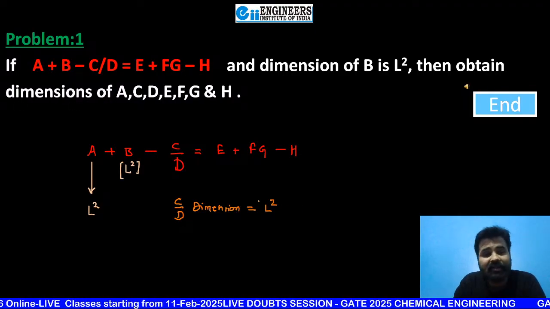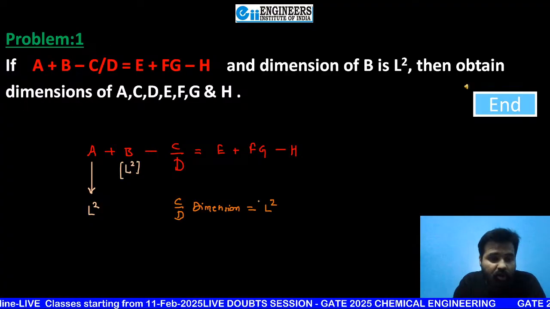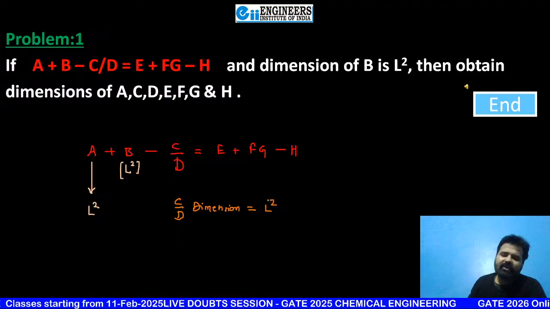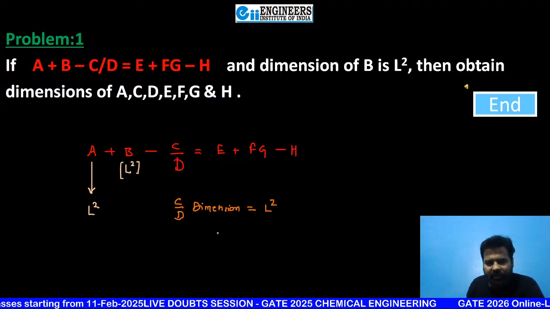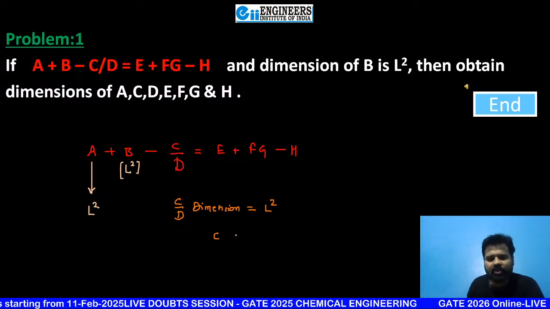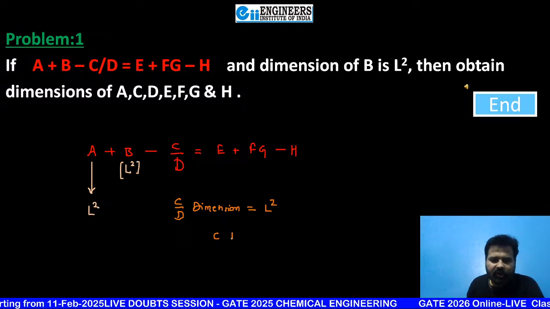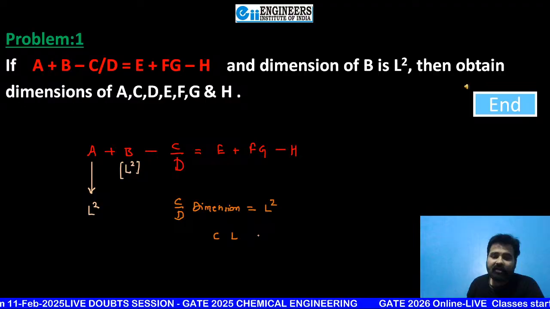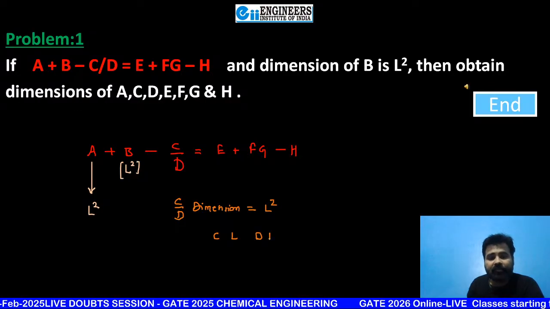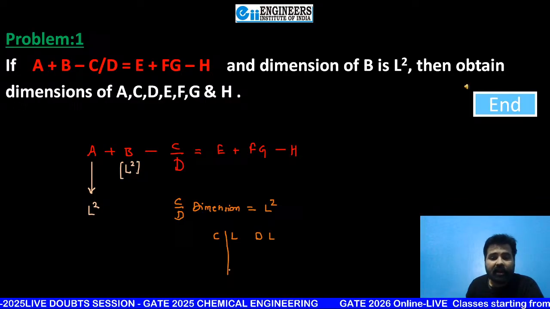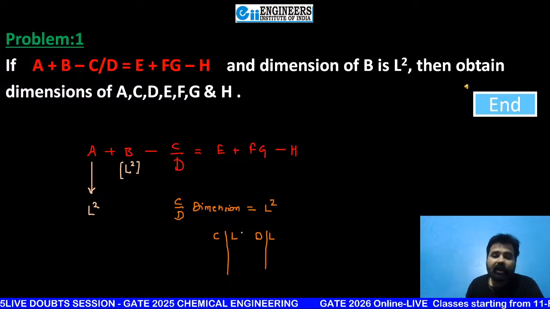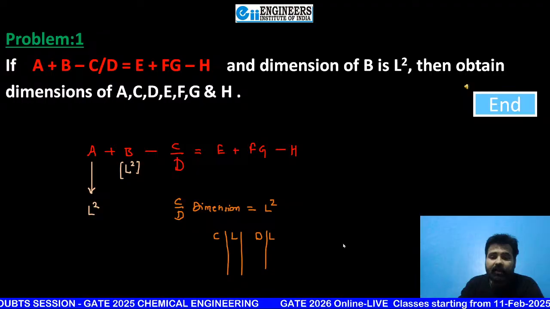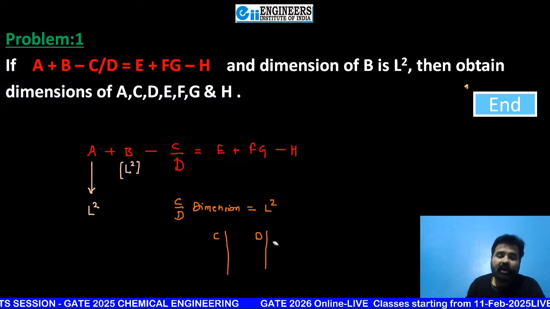But you can't tell the dimension of C or D separately, because these are in division form. My dear students, if the dimension of C is L, then the dimension of D will be L, since L into L is L square.